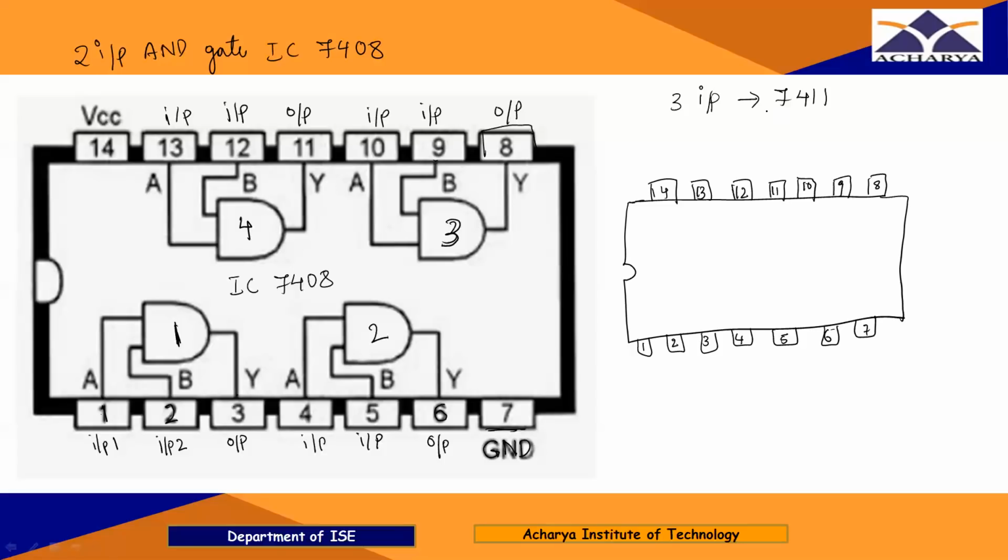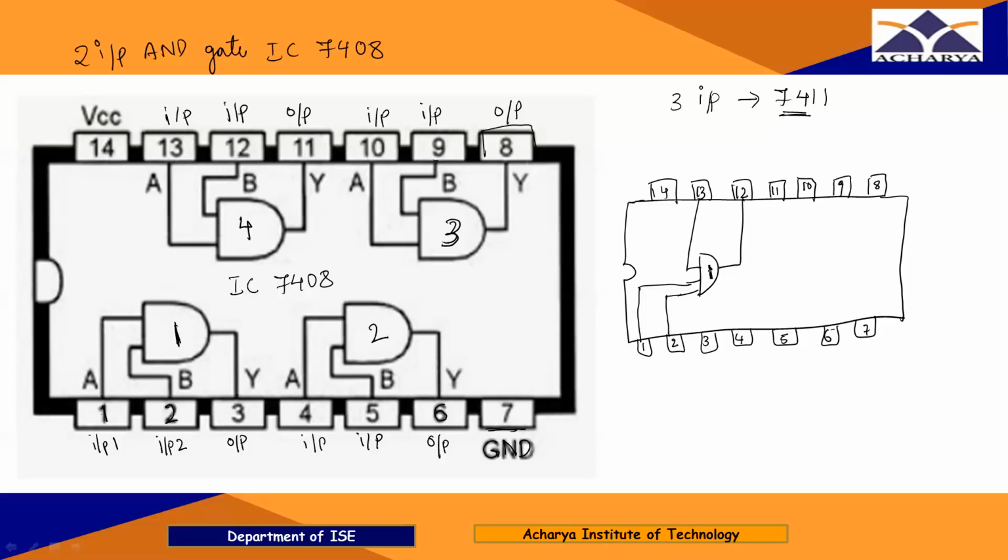So for 3 input, what is the IC number? It is 7411. So for 3 input, the IC number is 7411. Right? Now, how to write the 3 input AND gate? So here, for the 3 input AND gate, first I'm going to take pin number 1, pin number 2, and 13 as inputs, and pin number 12 will be the output.